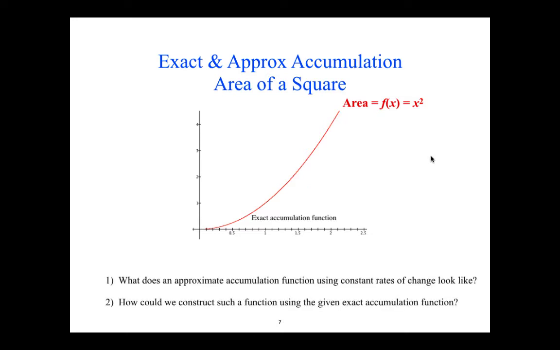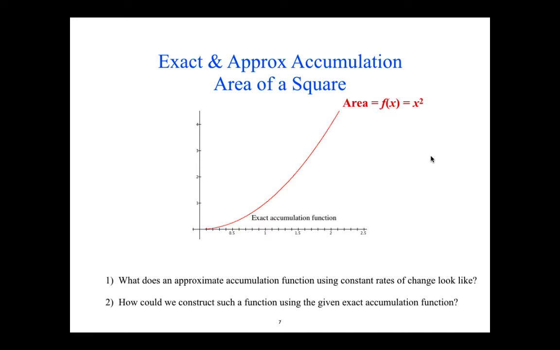But before we get into this, this is an exact accumulation function, like the end result of what we were just working on. Think about going backwards in our process that we're using prior to our test. Think about what an approximate accumulation function might look like. If this is the exact, what would something that's not as exact look like?